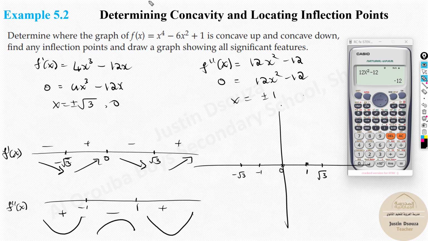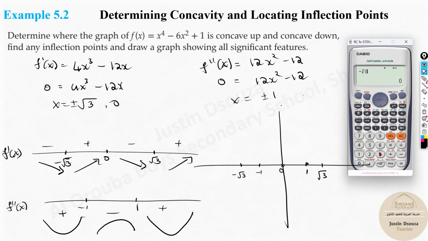Now what you need to do is put this given equation in the calculator. Just alpha x to the power 4 minus 6x squared, and lastly we have plus 1. And now calculate at these values, not before and after. We need the exact values over here.